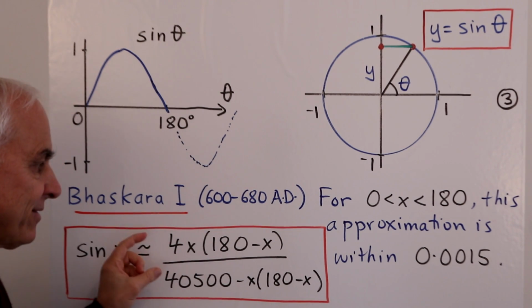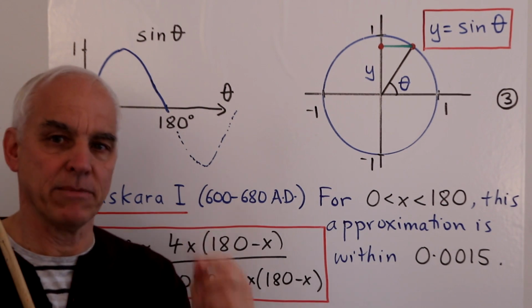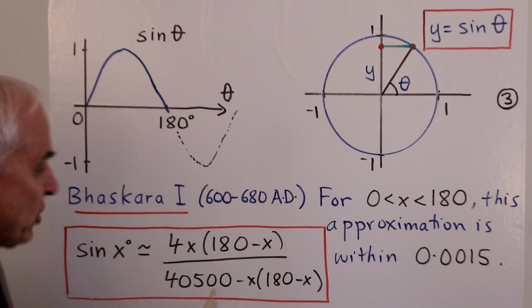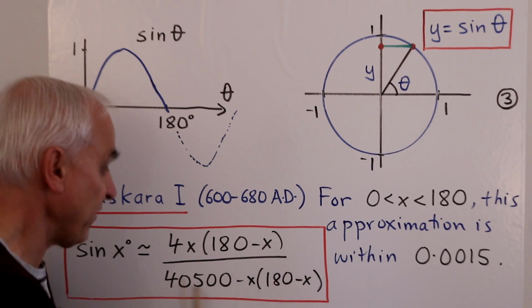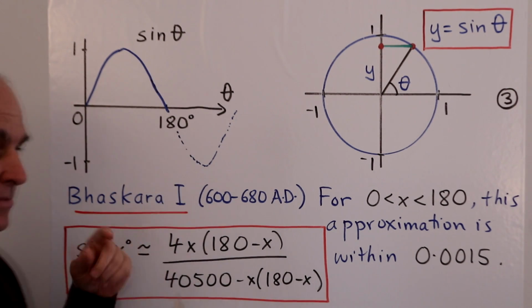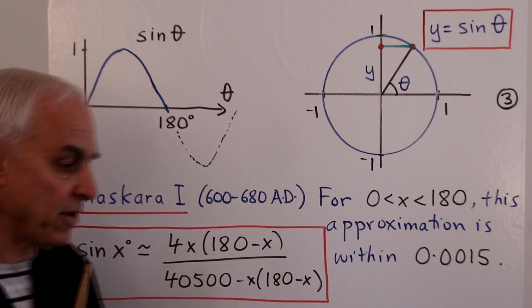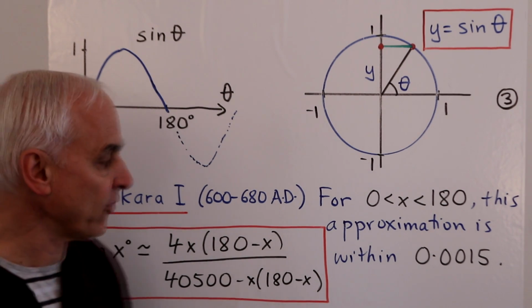So this is not the correct formula for sine of x, but Bhaskara said this is an approximation to it. And it turns out that if you actually graph this, and you can do this on your computer, you can graph this function, and then you can graph the sine function in angles, and you will see that they're almost indistinguishable. You can't tell the difference. It's a very close approximation.